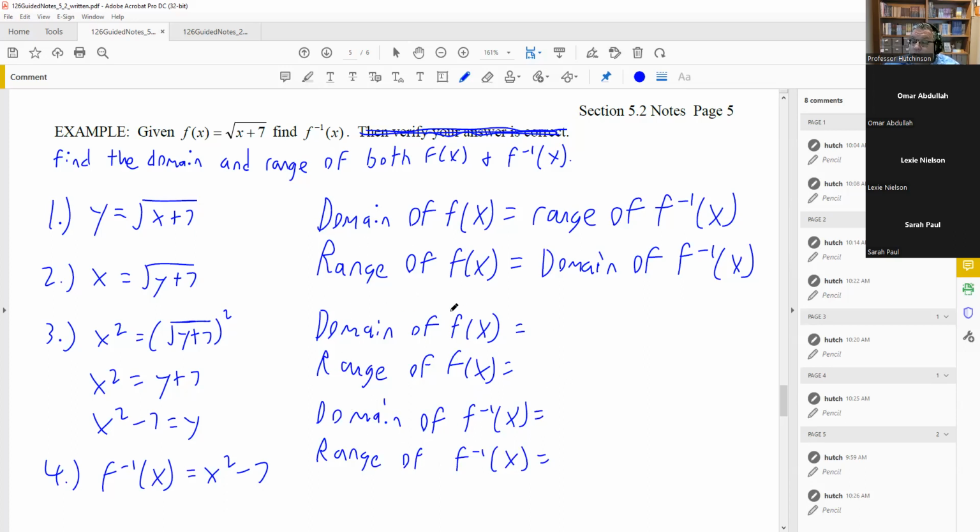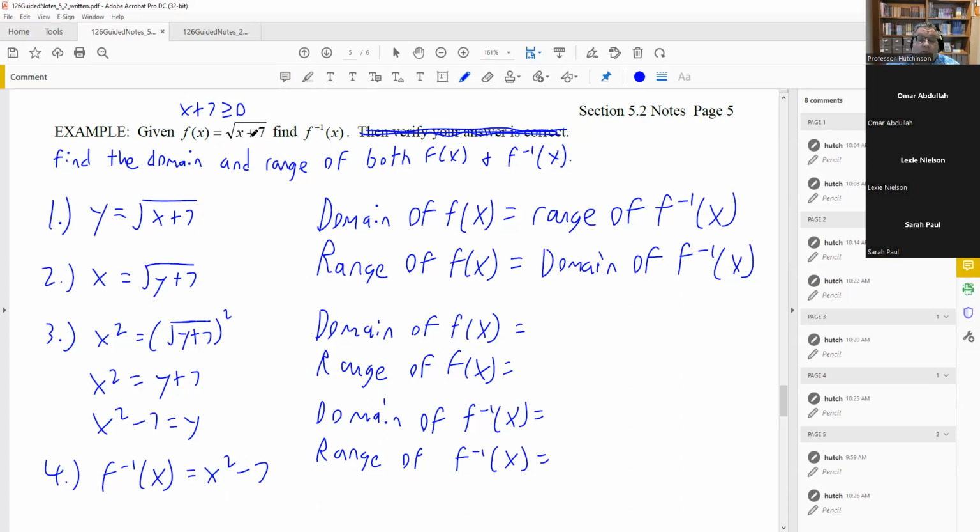Let's do the domain first, algebraically, for the original one. The original one has a square root of x plus 7. That means x plus 7 has to be greater than or equal to 0. Remember that whatever you have inside the square root has to be non-negative; you can't take the square root of a negative number. Now, 0 is okay because we're not dividing by 0.